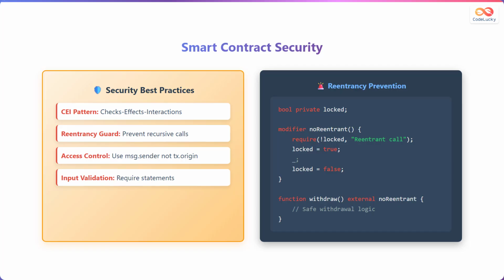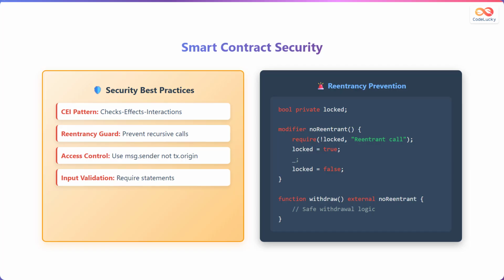Security is paramount in smart contract development due to the immutable nature of blockchain deployments. The checks effects interactions pattern is essential. Perform all checks first, update contract state second, and interact with external contracts last. Reentrancy guards prevent attackers from making recursive calls during function execution.